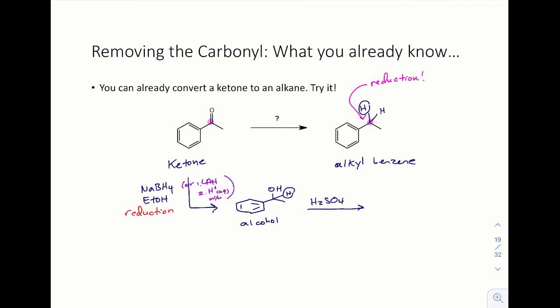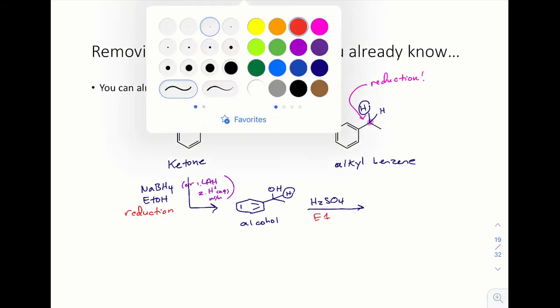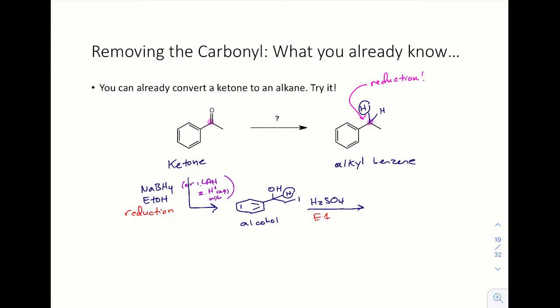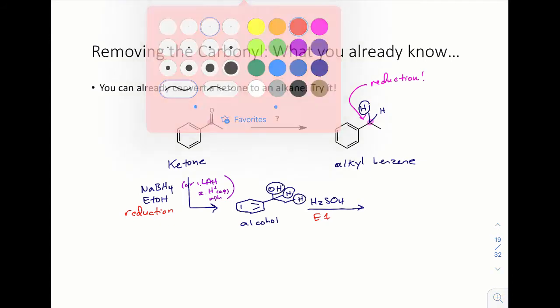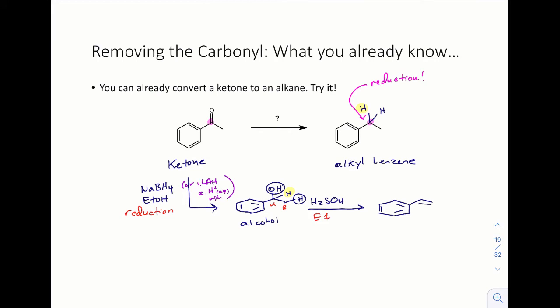To make that alkene, there's first an E1 elimination reaction of the alcohol and a hydrogen on the beta carbon, beta to the alcohol. This E1 elimination does take place via carbocation, so just be sure that the carbocation that you propose is stable, that it doesn't rearrange and all of that.